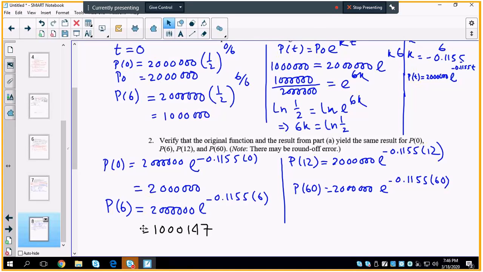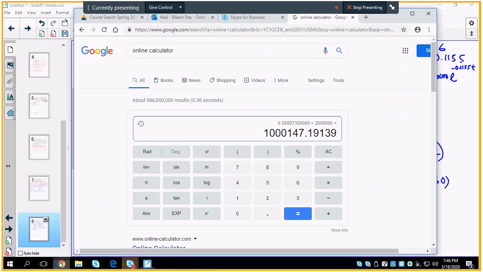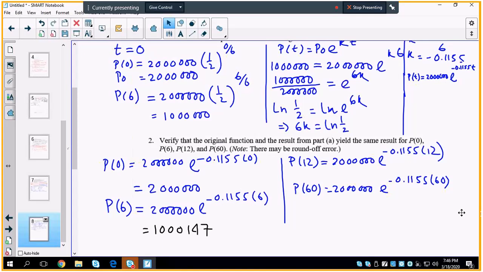Then I do it for 12. If my t is equal to 12, you do minus 0.1155 times 12, and then you take e to the power this answer, and multiply by 20,100,000, rounded to the nearest whole number. So that's 5,000,147.